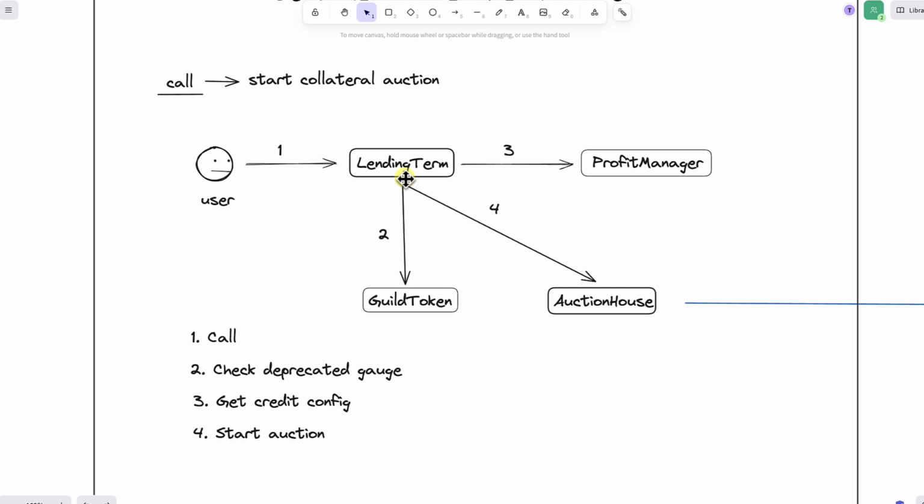There's a time limit before the borrower has to do a partial repay on his loan. If that time limit expires, then his loan and collateral can be liquidated. This is called call, and anyone will be able to call a loan to get liquidated.